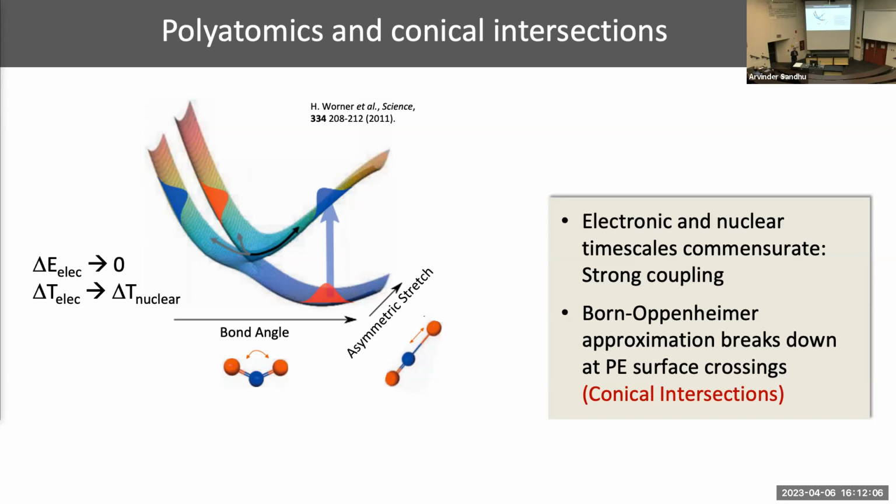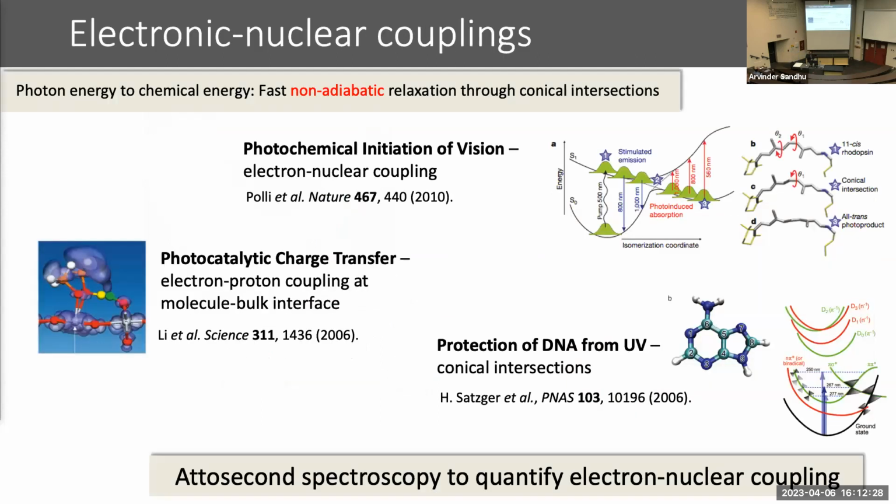They are both commensurate and they exchange energy. So you cannot solve this problem exactly, right? These intersections look like cones. They're called conical intersections. And we don't know how to obtain the dynamics here because the approximation is not valid, which means the theoretical methods are not valid. So we need to find a way to do this because it's a very important process.